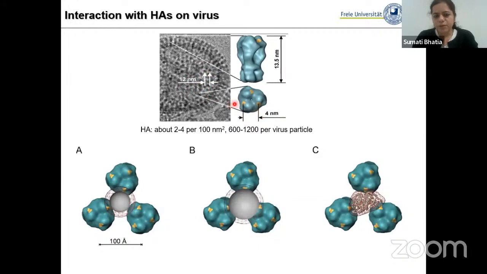And the distance between two receptors is already known in literature, around 4 to 6 nanometer. There are 600 to 1200 hemagglutinin trimers per particle, and they are distributed uniformly on the virus surface. Now, if we take the 10 kDa polymer, it can interact with a maximum of 2 different receptors at 2 different trimers.